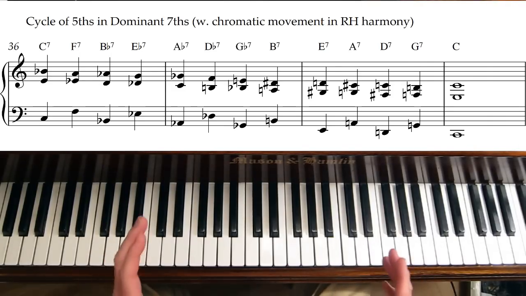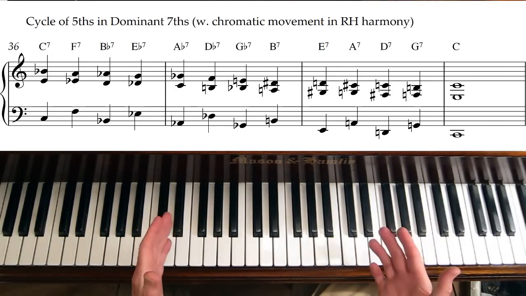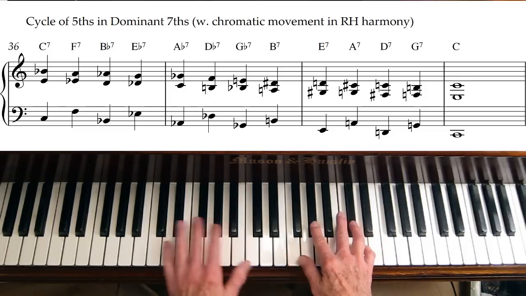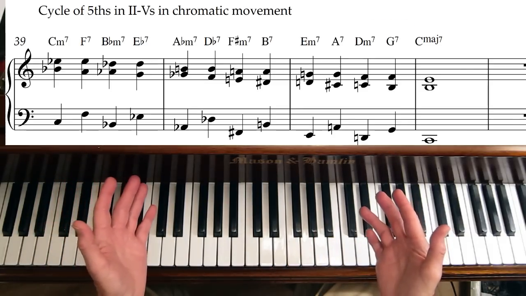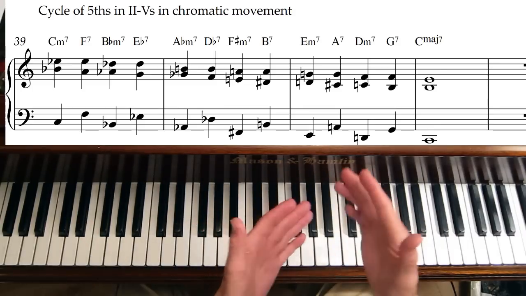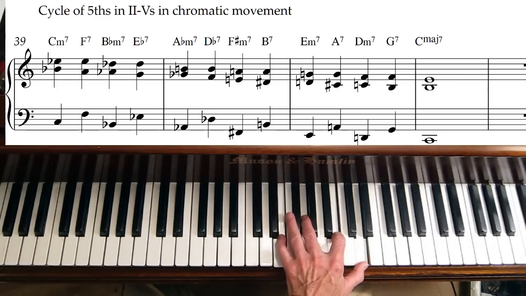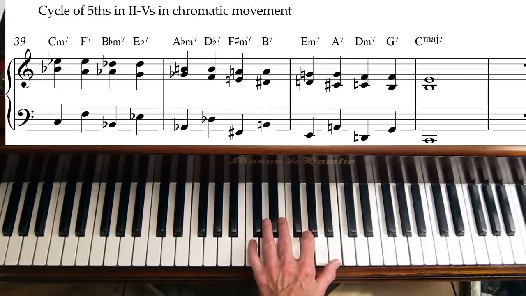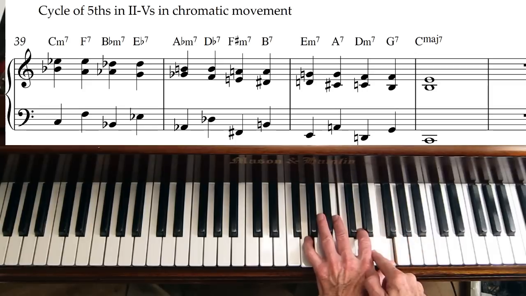So now the next example would be to play them in 2 5s. Those were just 5 dominants. 2 5s would be a minor 7 to an F7. Why? Because, you know, in the scale tone triads, the 2 is always a minor 7, and the 5 is the dominant 7.